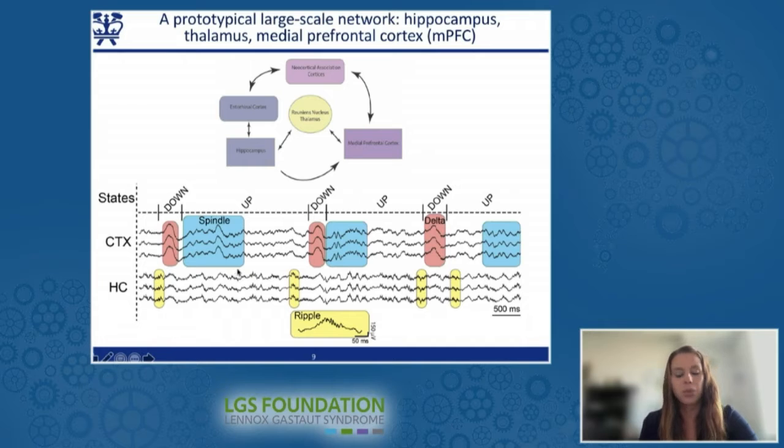And there are specific epochs of temporal communication where the ripples are coupled with the spindles. The theory is that this oscillatory coupling allows information to be transferred from the hippocampus to the cortex, which is important for long-term memory.